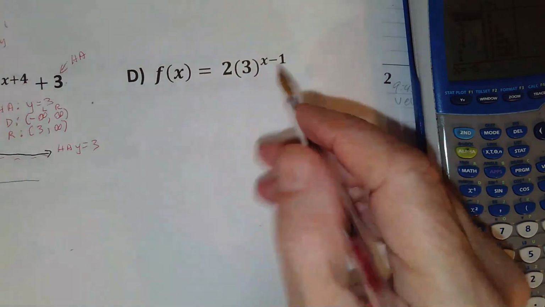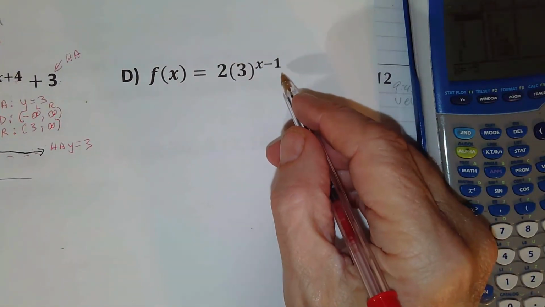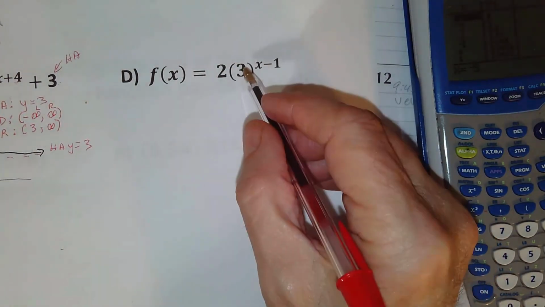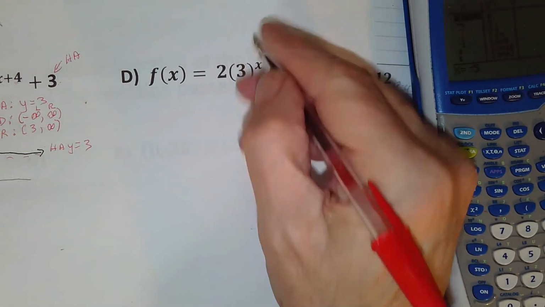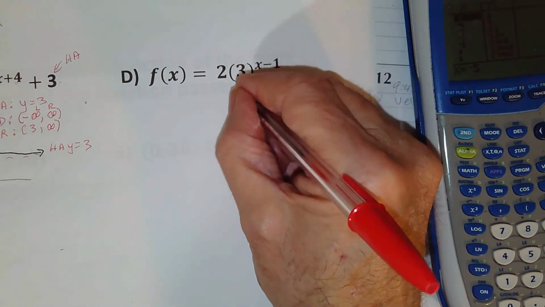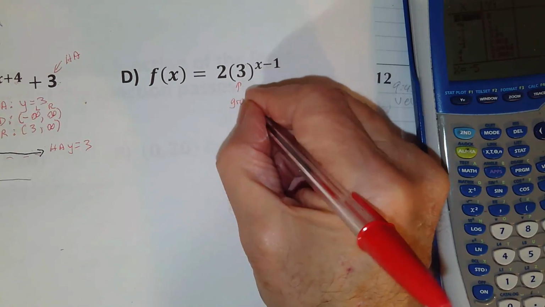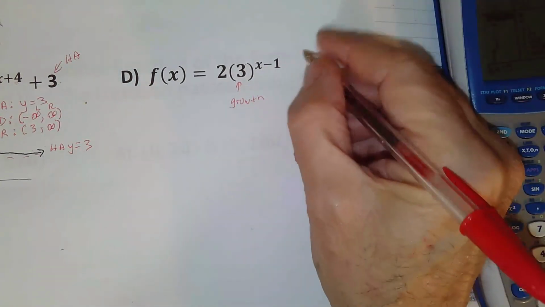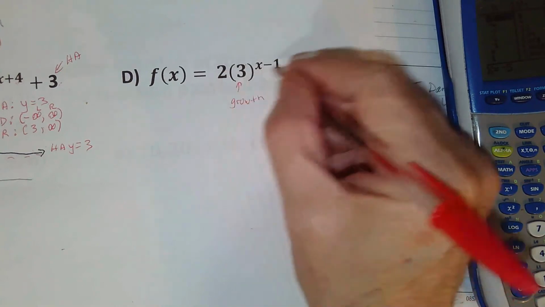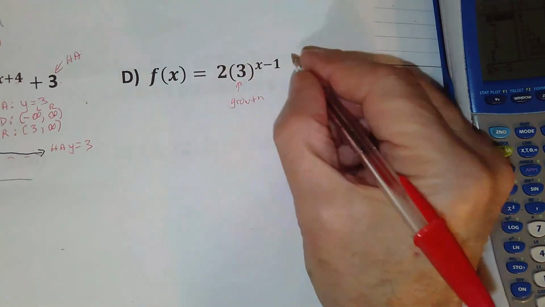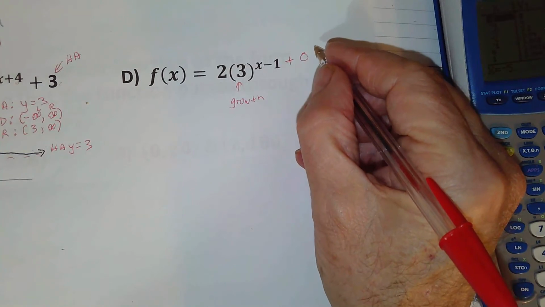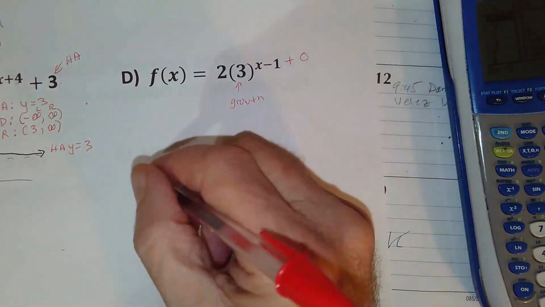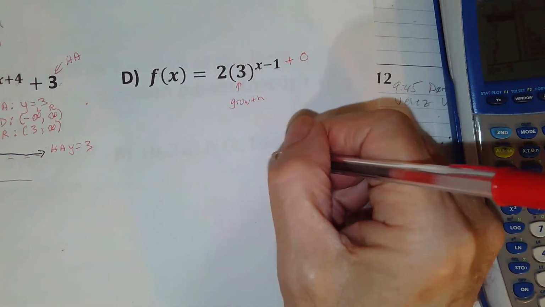All right, so this one, you first of all don't have decay, you're going to have growth, right? So this is growth. And you don't have a number for the horizontal asymptote, so you have to assume that it's going to be 0. And remember that that's right on the x-axis, y is equal to 0.